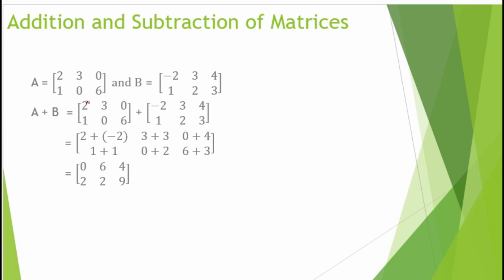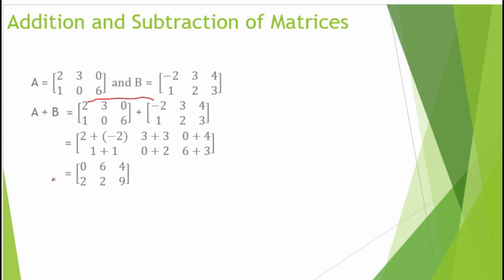Add their entries: 2 plus minus 2, 3 plus 3, 0 plus 4, 1 plus 1, 0 plus 2, 6 plus 3. Then the matrix will be 0, 6, 4, 2, 2, 9. This is the final matrix after addition. So A plus B is equal to 0, 6, 4, 2, 2, 9.